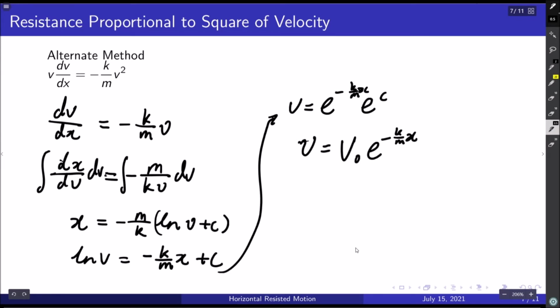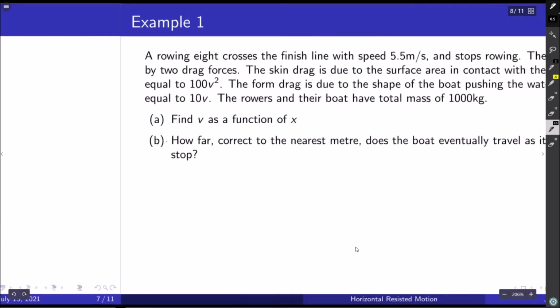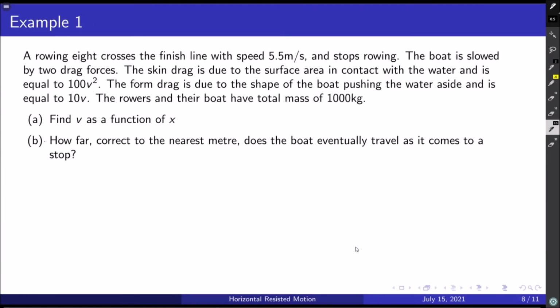Now let's have a look at a few examples. Firstly, the scenario is pretty straightforward. You have a boat that comes to a finish line and then slows down until it comes to a stop. The force of slowing down is slightly more interesting because it's a combination of a force proportional to the square of velocity and a force proportional to velocity.